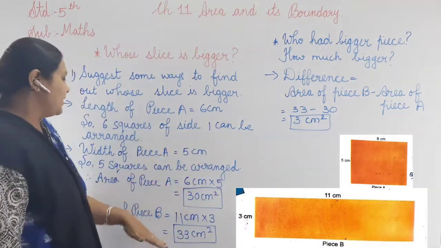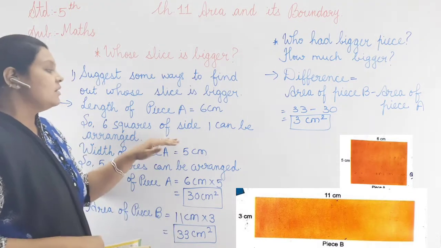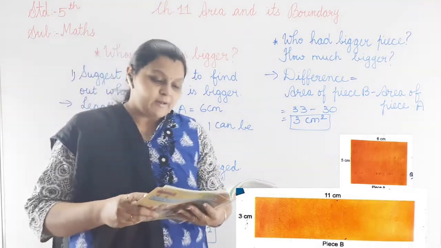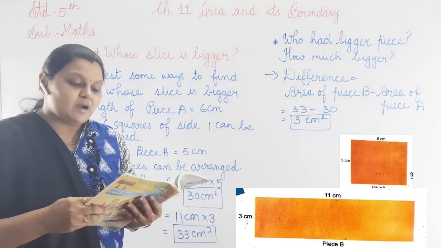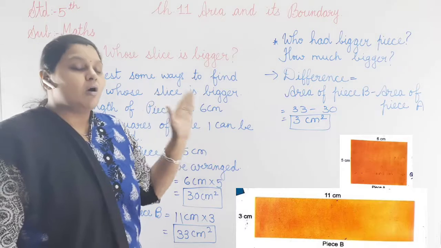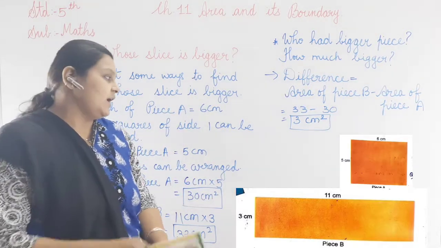Here what I have explained is that by counting squares we can find the area of a particular piece or figure. Now altogether how many squares can be arranged on it? Suppose I want to arrange squares to cover the total area, then how can I arrange?